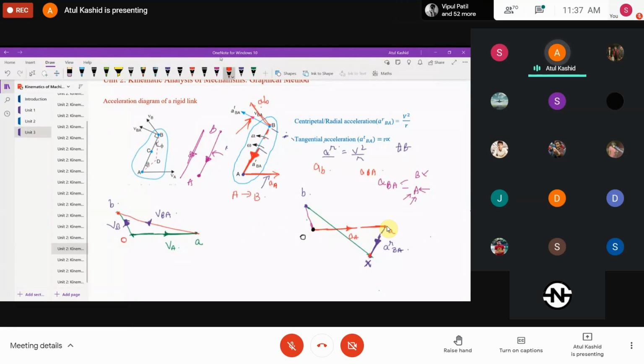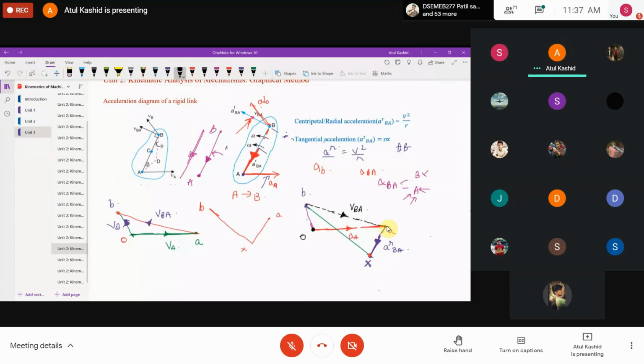We started with the point A, then we went to the X, right? Then we went above and we got a point B over here. And then if you connect this point B to point A, this is your acceleration of B with respect to A.